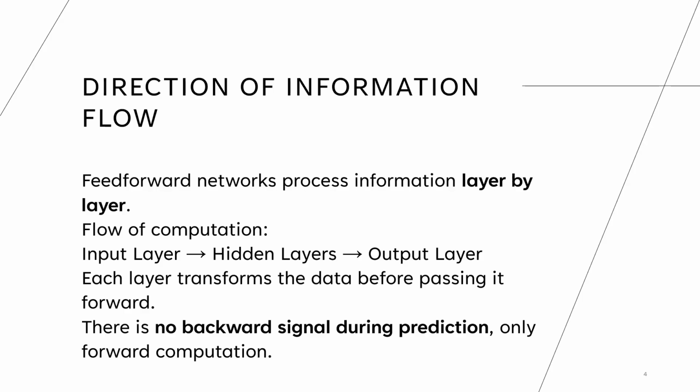At each step, the current layer applies a transformation to the data and then passes the result to the next layer in the network. Because of this design, information always moves forward through the network. During prediction, there is no backward signal and no looping of information between layers. The network simply processes the input step by step until it produces a final output.